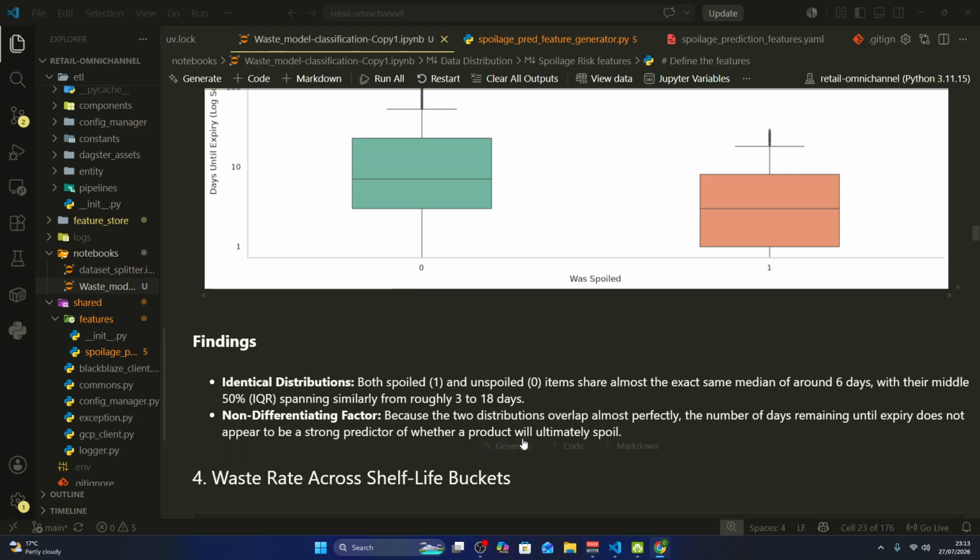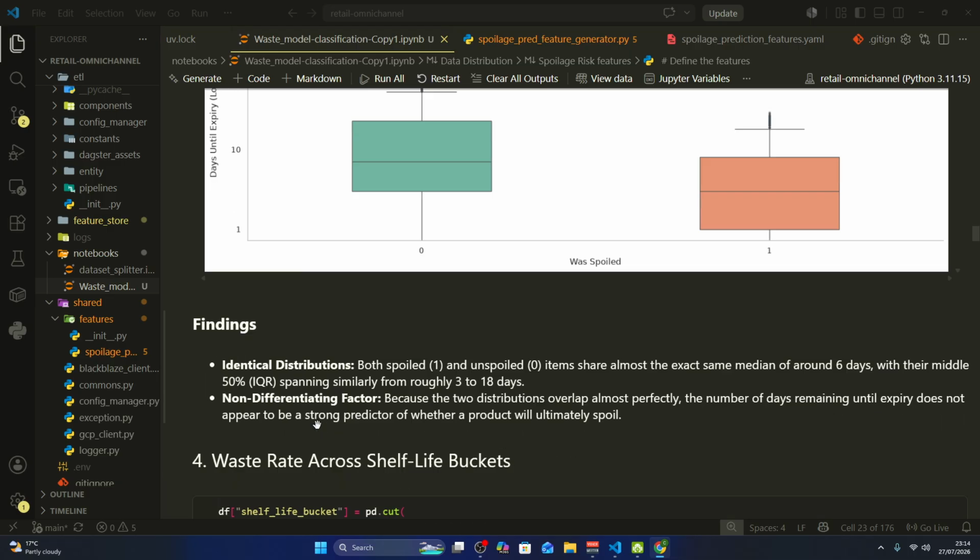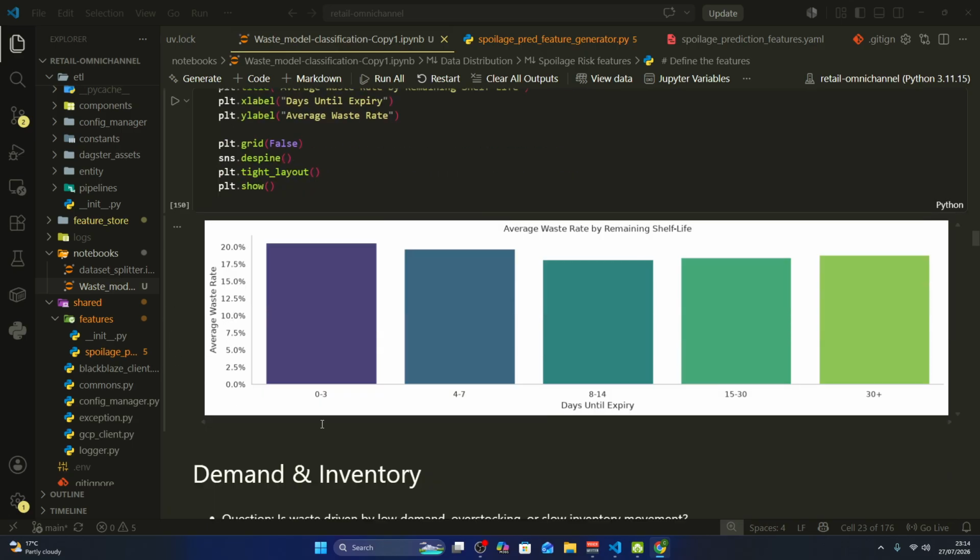Because the two distributions overlap almost perfectly, the number of days remaining until expiry does not appear to be a strong predictor of whether the product will ultimately spoil. So that's what we are seeing from that.